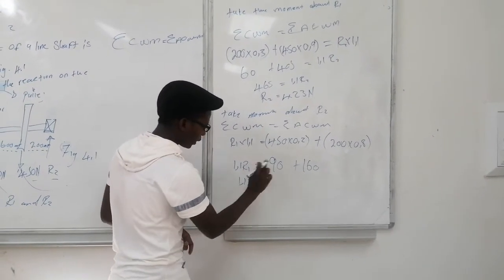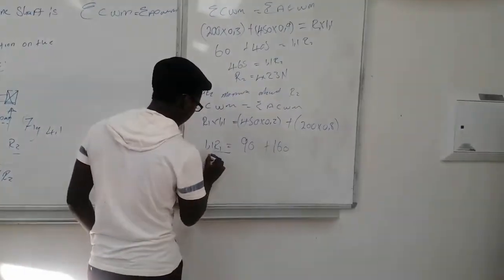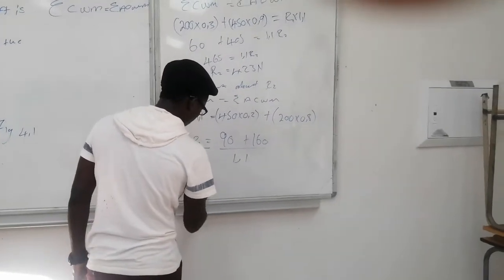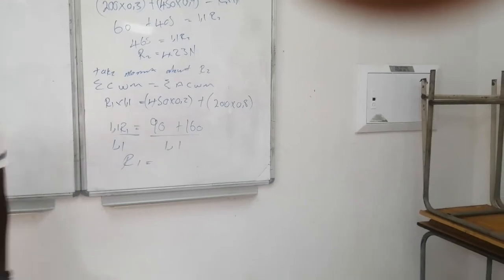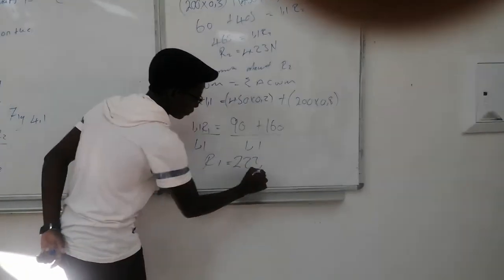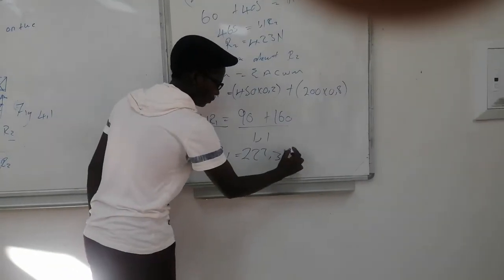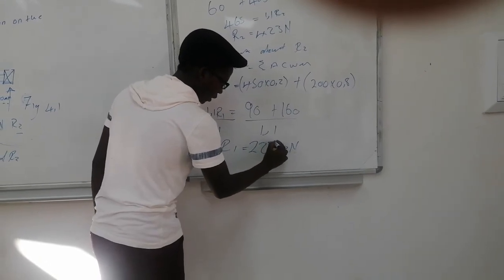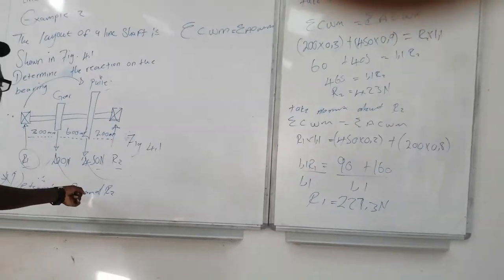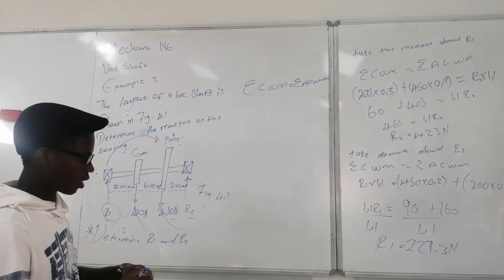If we add these two and then we divide by 1.1, we are going to get R1 equal to 227.3. This is what they asked about: R1 and R2, which are the bearings. Thank you.